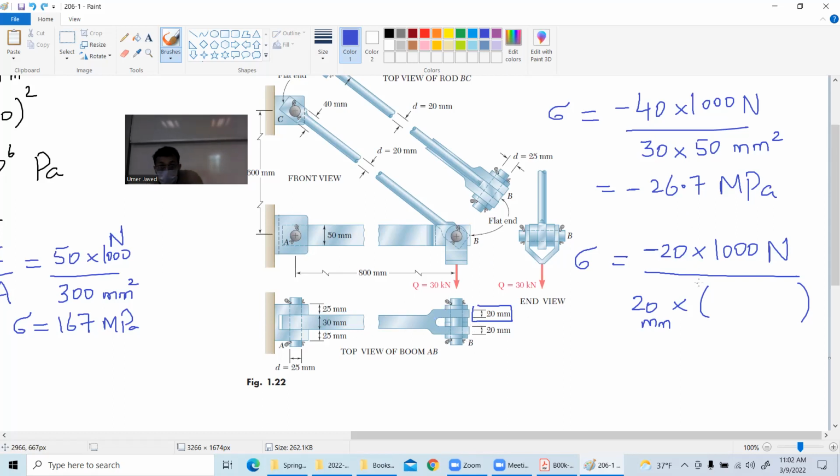So 20 multiplied by 50 minus, what is the dia of the hole? 25. Can you please tell me whether it makes sense or not? Think about it. I know it's confusing, but right now we're just looking at the one branch.